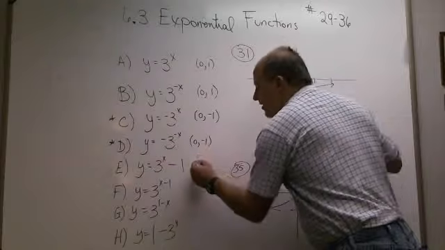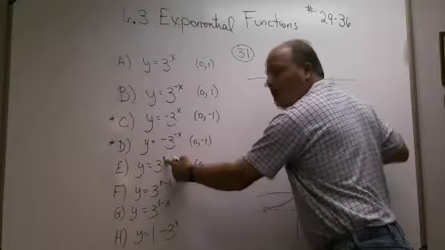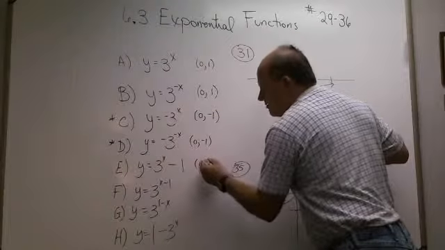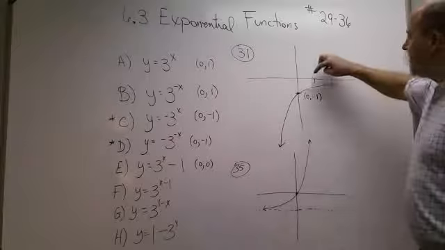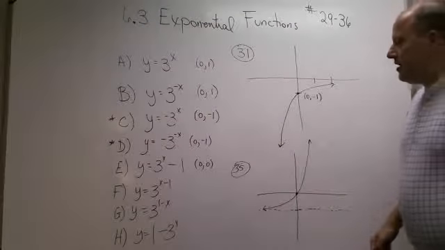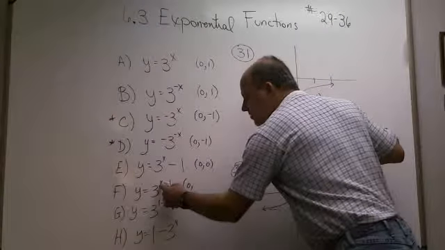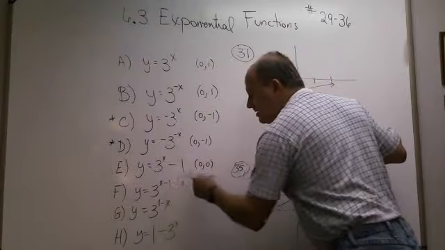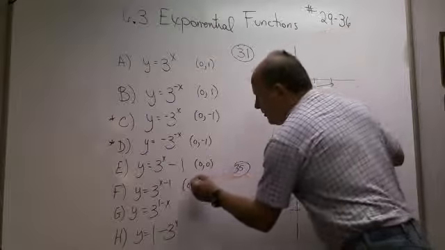Now let's try E. If I put 0 in here, 3 to the 0 is 1, and then 1 minus 1 is 0, so it goes through the origin, which cannot be 31, because this graph definitely does not go through the origin. If I put 0 into this one, 0 minus 1 is -1, and that's 3 to the -1, which is 1/3.